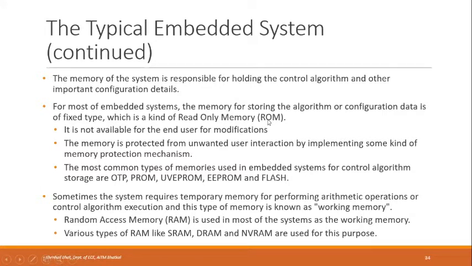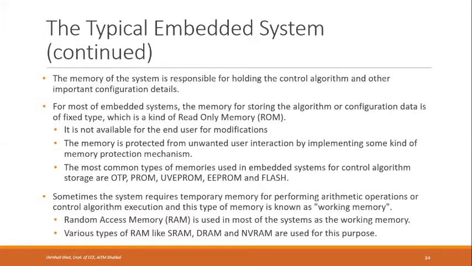That's why it is called read-only memory. The data can only be read from it, but the user cannot make any changes. The memory is protected from unwanted user interaction by implementing some kind of memory protection mechanism, so the part of memory that is reserved for ROM is protected. The user cannot change any data in the ROM.